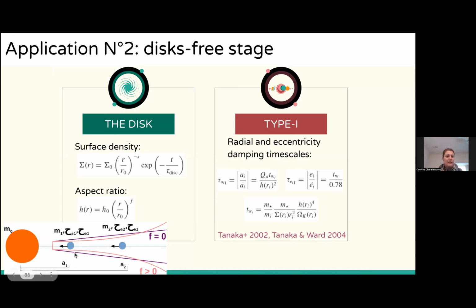We mimic a disk that has some surface density and some aspect ratio, with different kinds of disks, and we apply a damping in the semi-major axis and in the eccentricity that come from nonlinear expansions.